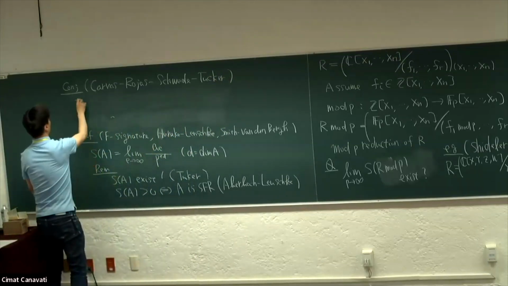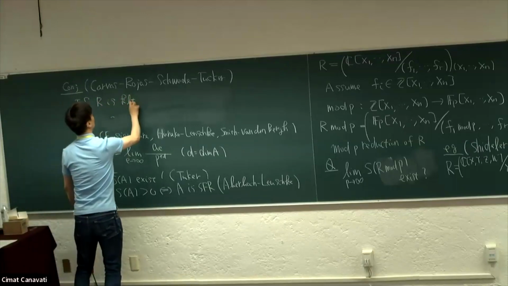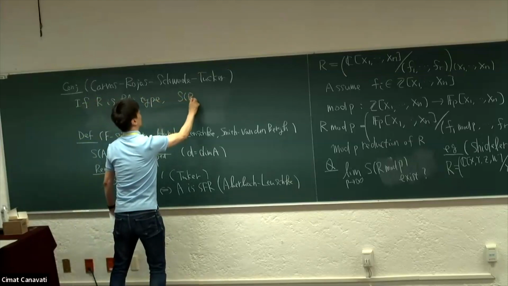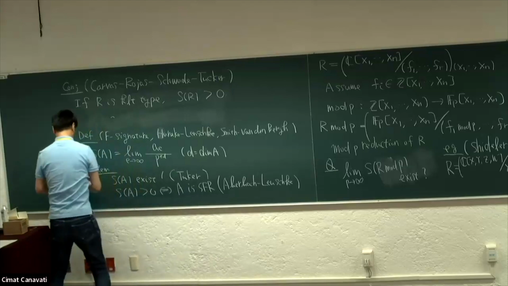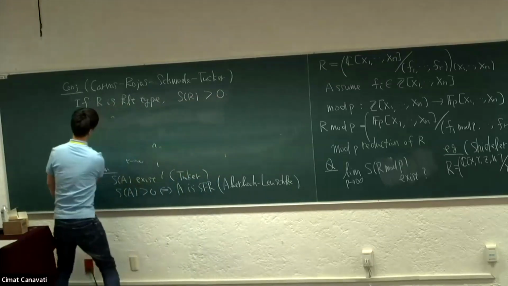If R is KLT type, then the F-signature in characteristic 0 is positive. A conjecture or question here, maybe. I'm not sure.